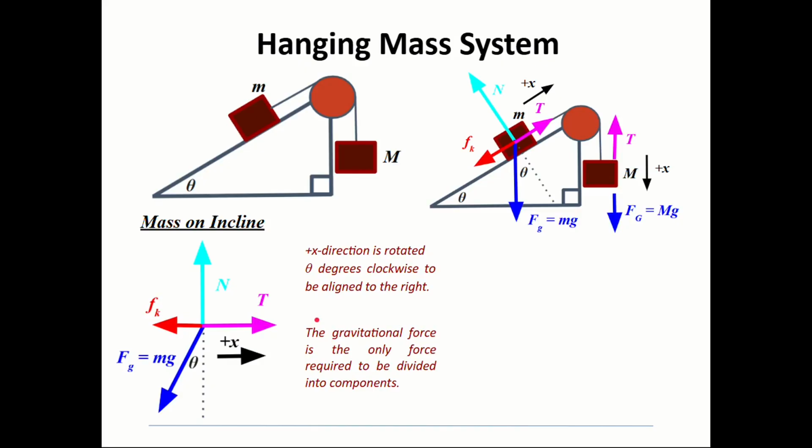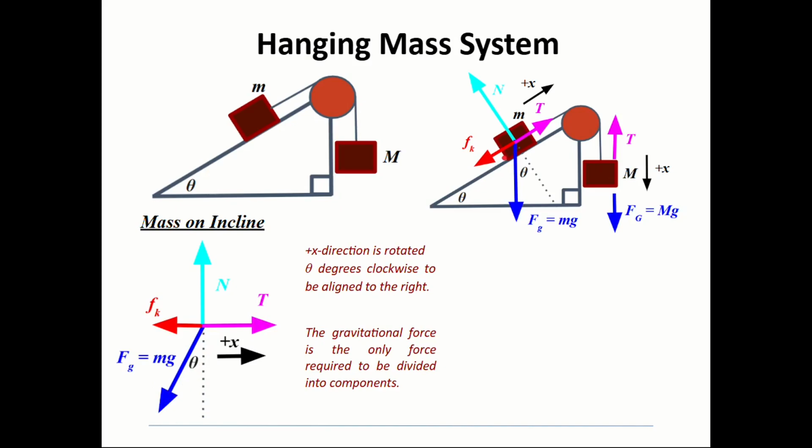And why do we do this? The reason we do this is such that the tension, normal force, and the frictional force are all only in one particular direction. And that simplifies our problem a bit, because that means we'll only have to break our gravitational force right here into x and y components.